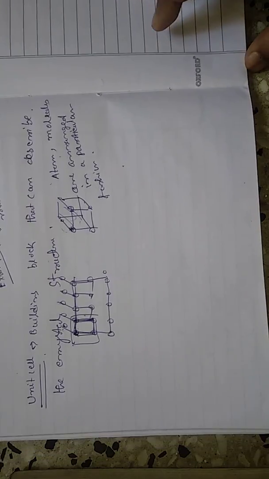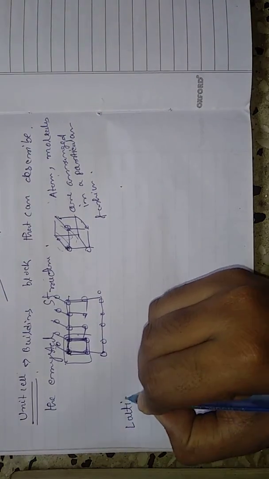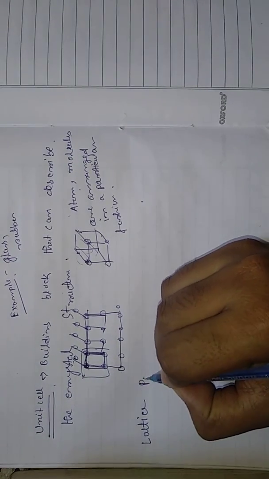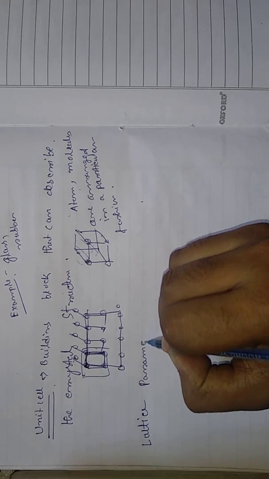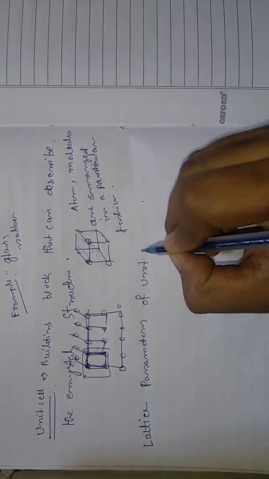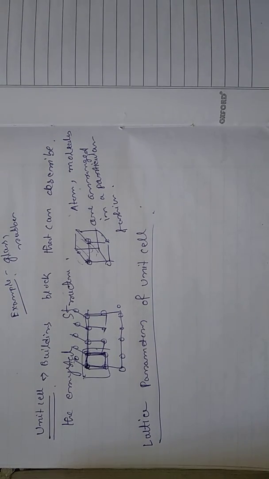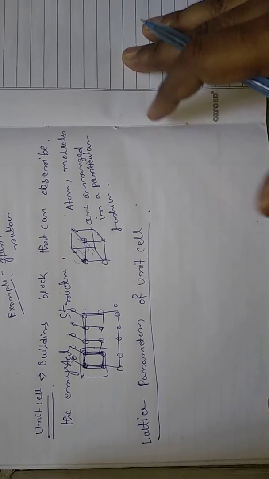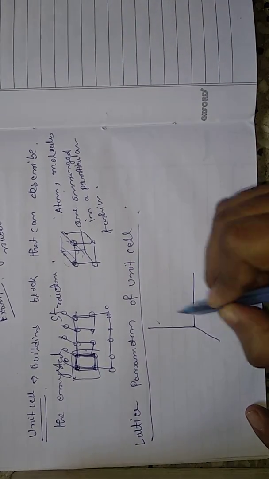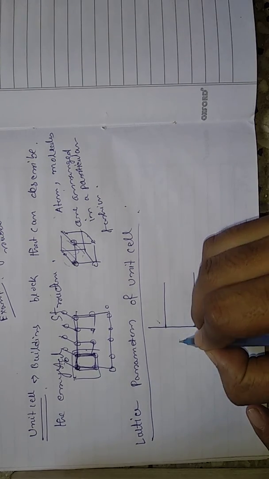Now let's go to the next topic, the lattice parameters of a unit cell. Atoms are basically in 3D, and the structure is cubic.